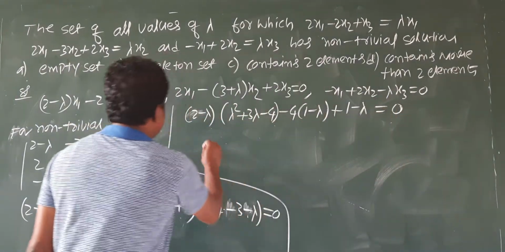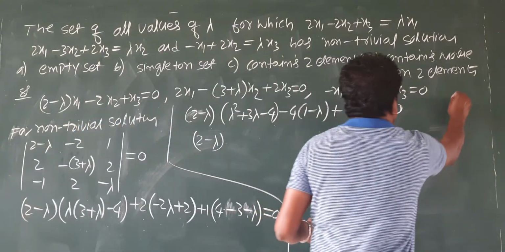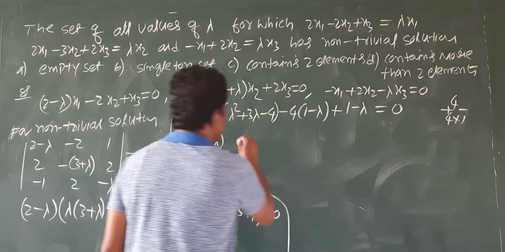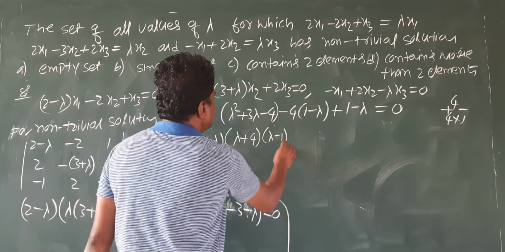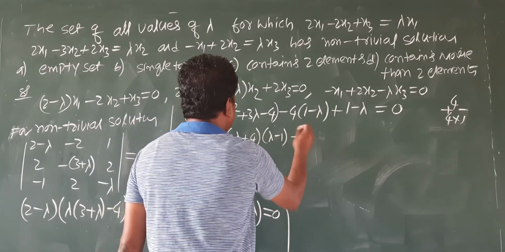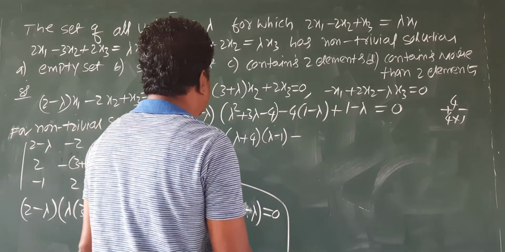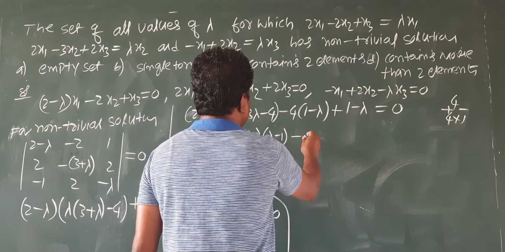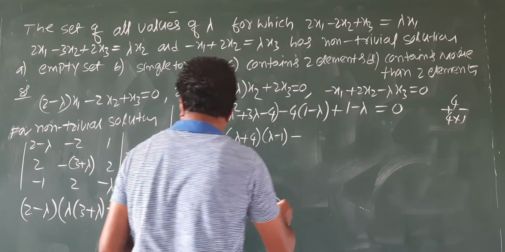Now 2 − λ factors; these ones are plus, minus. So (λ + 4)(λ − 1) is −(λ − 1).